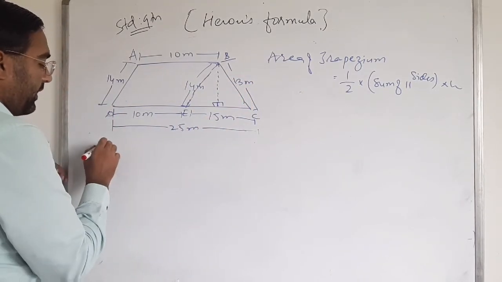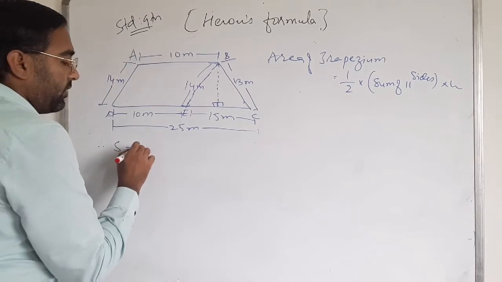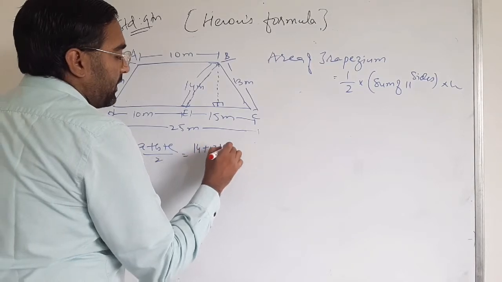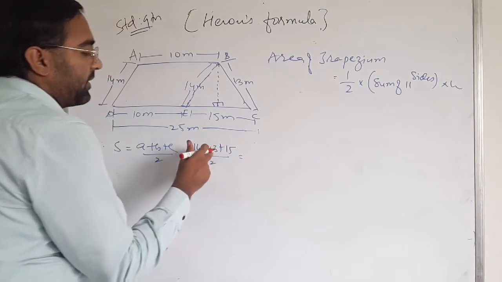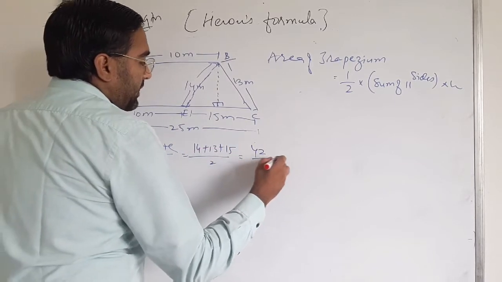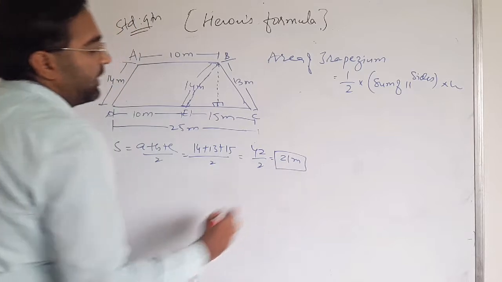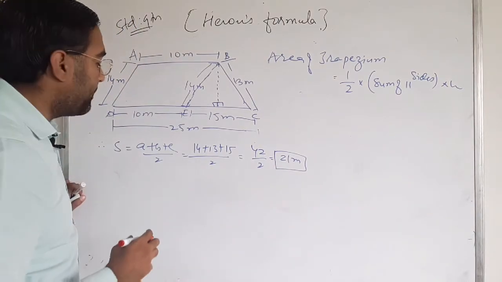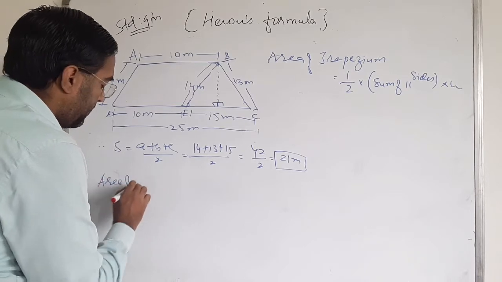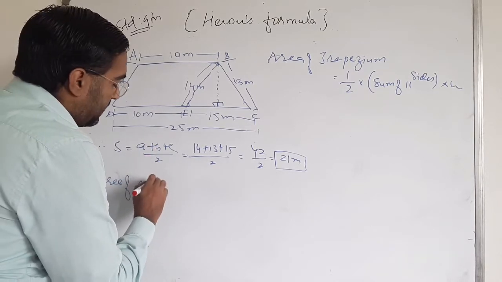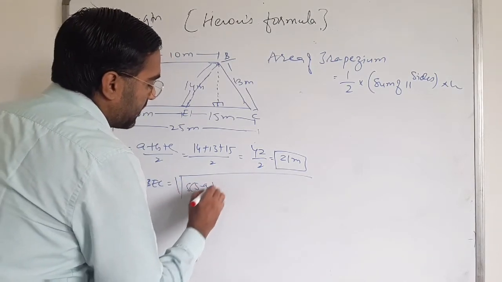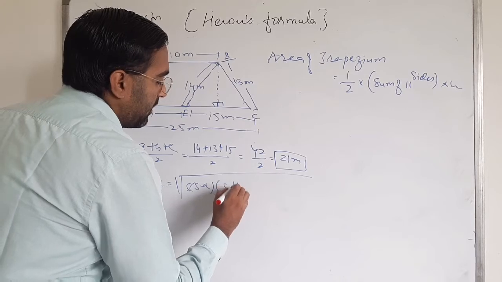So we take the semi perimeter: S equal to A plus B plus C by 2, is equal to 14 plus 13 plus 15 by 2, that is 42 by 2, that is 21 meter. That is the semi perimeter. Now we have to find the area of the triangle. So area of triangle BEC is equal to square root of S into S minus A, S minus B, S minus C.